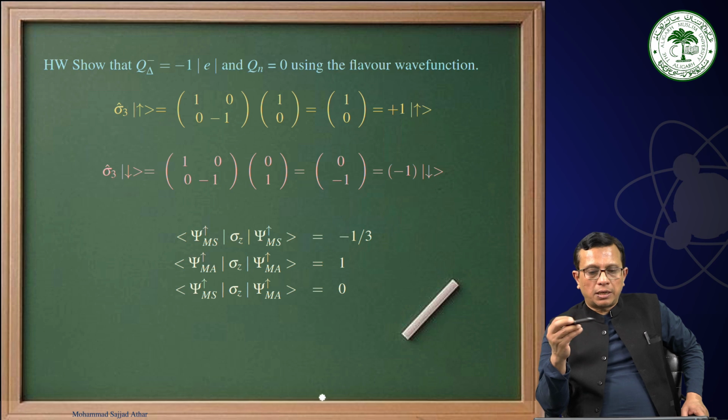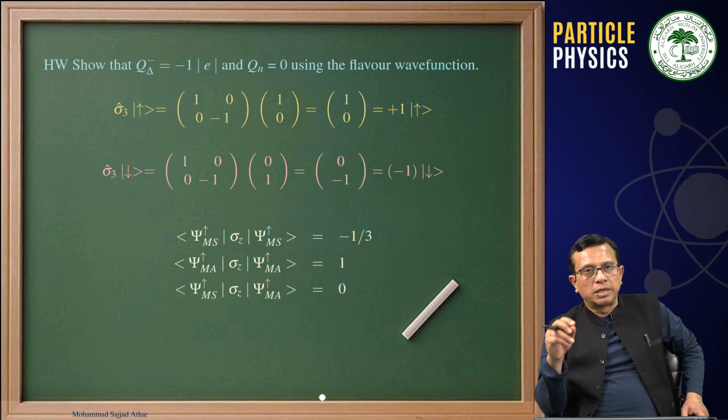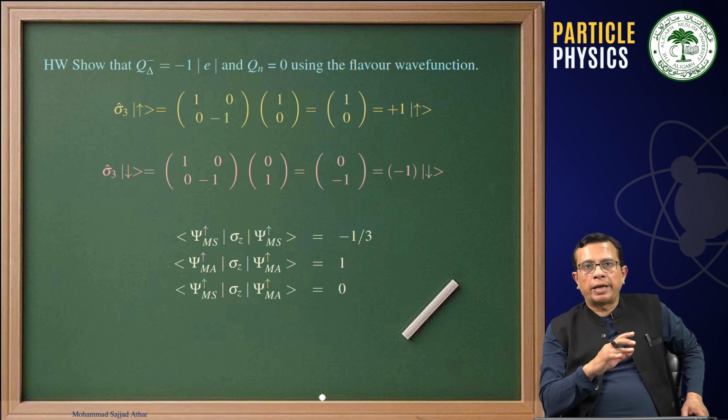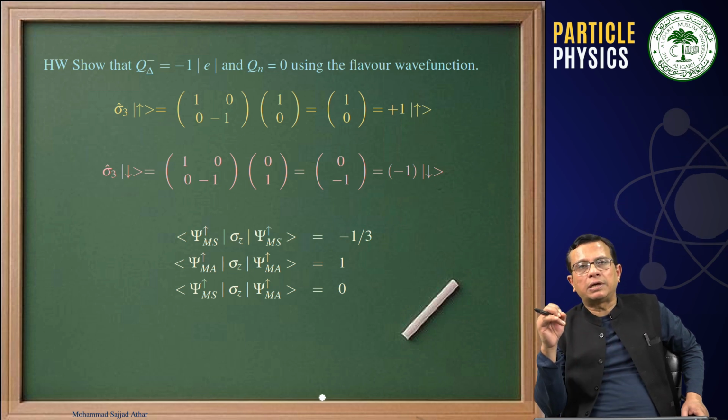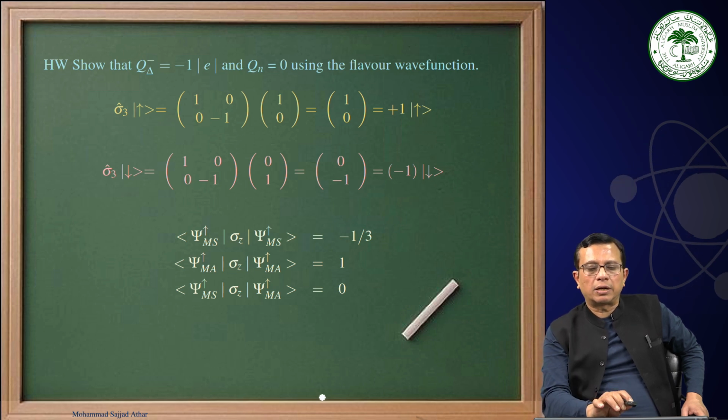Then we come to the spin part. We know that there are 3 spin operators. Like instead of E1, E2, E3, here also we are only talking about sigma 3. If you recall, the sigma 3 matrix is represented by 1, 0, 0, minus 1, and spin up state is represented by a column matrix 1, 0.